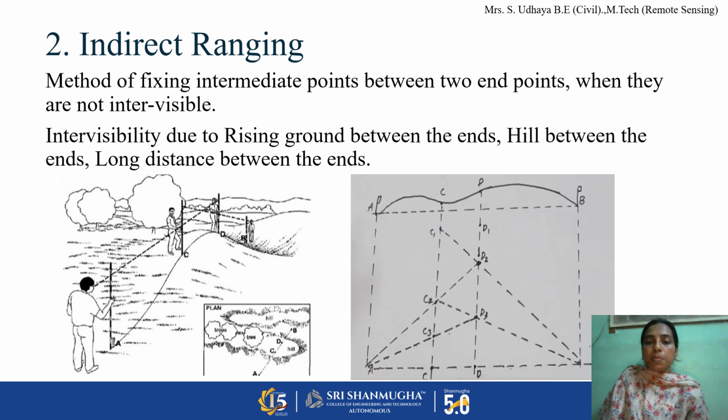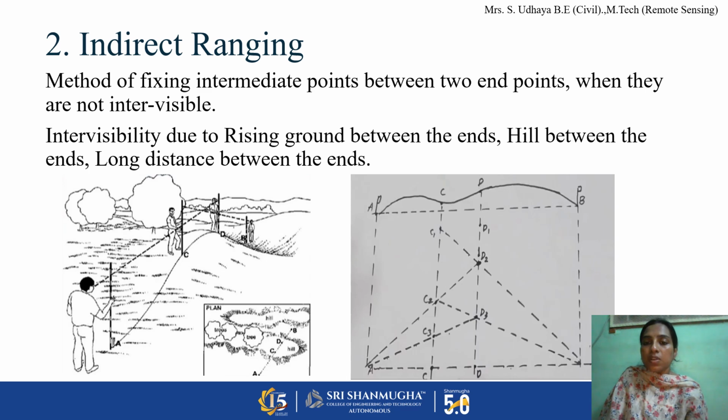Now the person standing at D1 directs the person standing at C to come in line between A and B again, making the line A, C1, B. Now it is again the turn of C1.